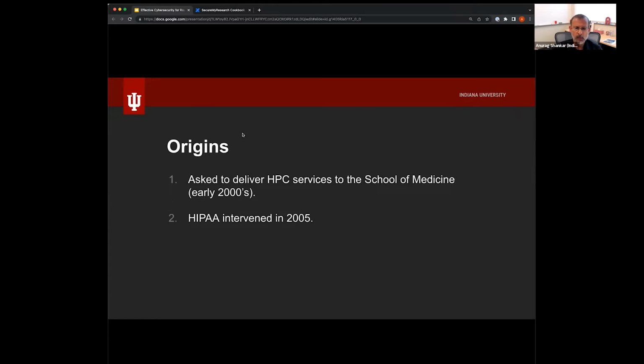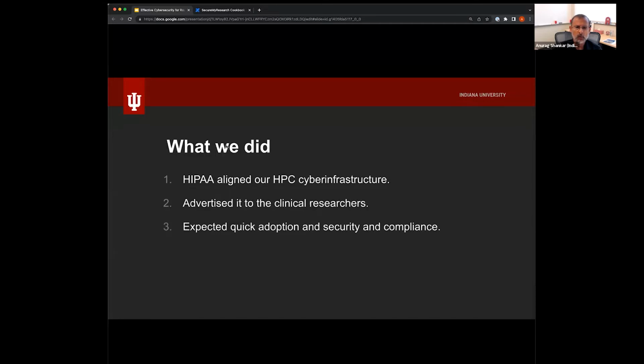While we were putting this together, HIPAA intervened; it was promulgated in 1996. But the HIPAA security rule, which deals with IT, had to be implemented by 2005, and that complicated things. So what we ended up doing was aligning our HPC cyber infrastructure with HIPAA.